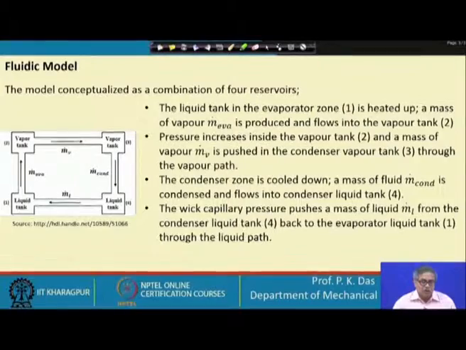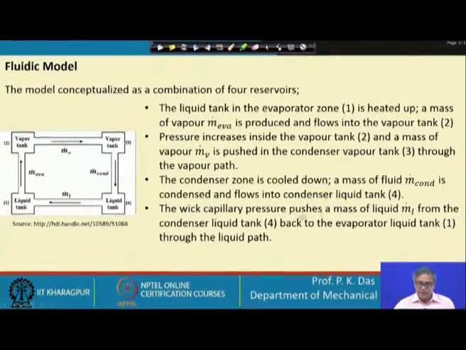See, the model is conceptualized as a combination of 4 reservoirs. The liquid tank in the evaporator zone 1 is heated up, a mass of vapor m dot evaporated is produced and flows into the evaporator tank 2. Pressure increases inside the vapor tank 2 and a mass of m dot v is pushed into the condenser vapor tank 3 through the vapor path. The condenser zone is cooled down, a mass of fluid m dot condensed is condensed and flows into the condenser liquid tank 4.